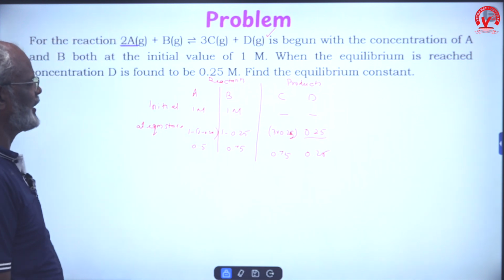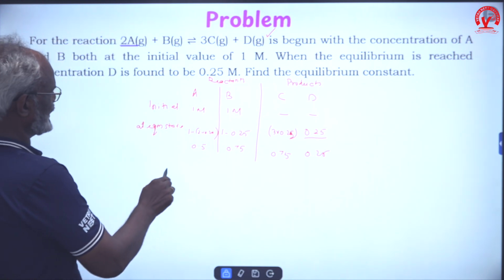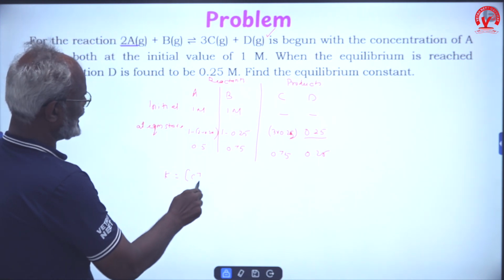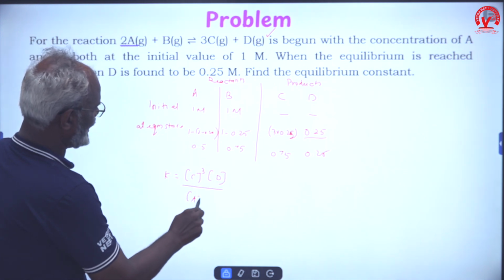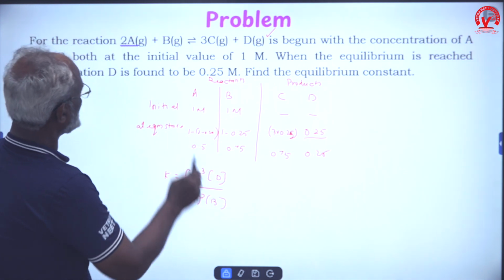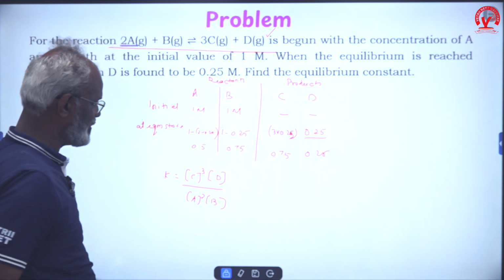Now we can find out the equilibrium constant according to the equation. K will be equal to C power 3 into D, divided by A power 2 into B. According to this equation, you have to write the equilibrium constant.